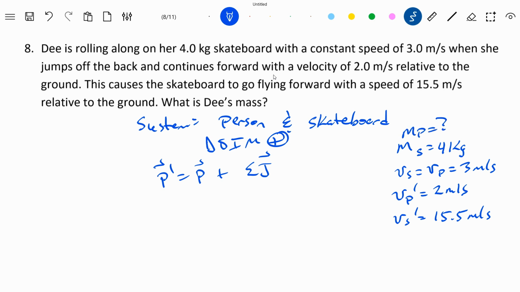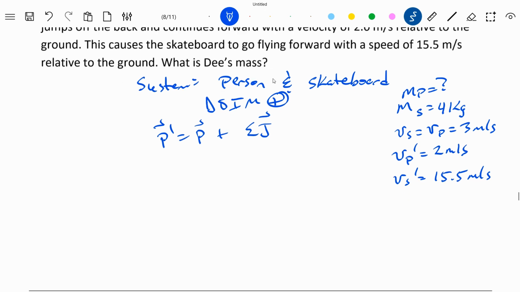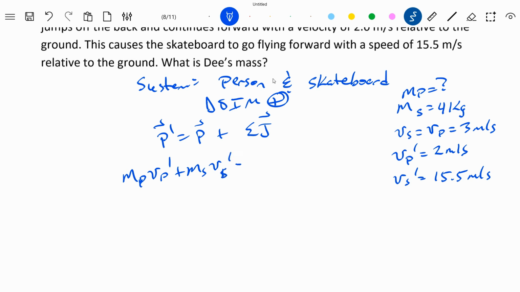So same kind of routine, different unknown. Okay, so mass of the person, v of the person prime, plus the mass of the skateboard, velocity of the skateboard prime, equal to the mass of the person, v of person, plus the mass of the skateboard, velocity of skateboard, original.